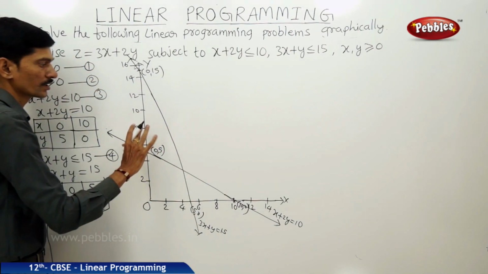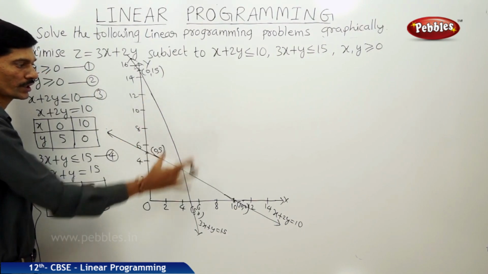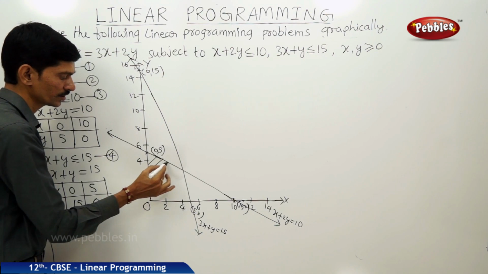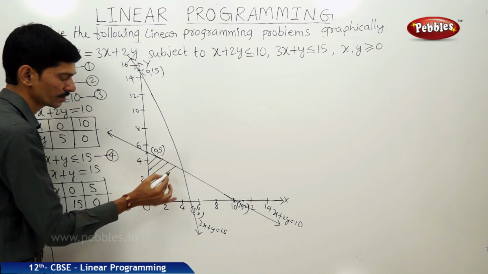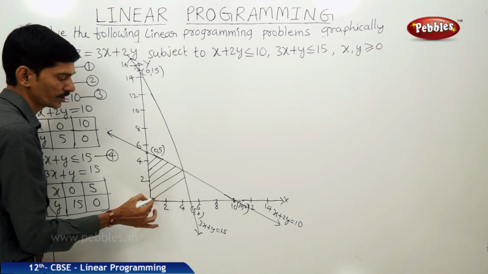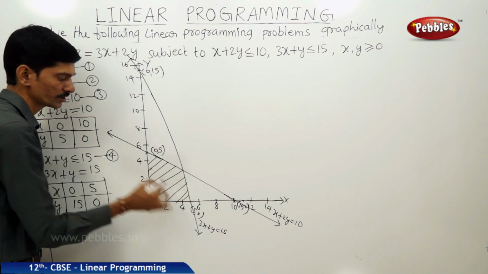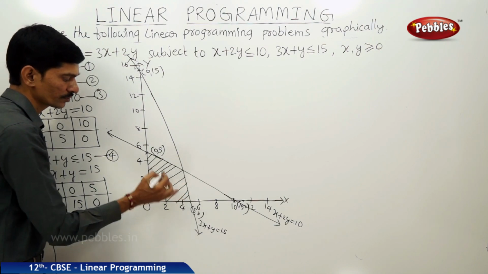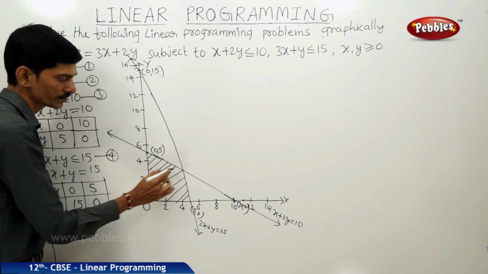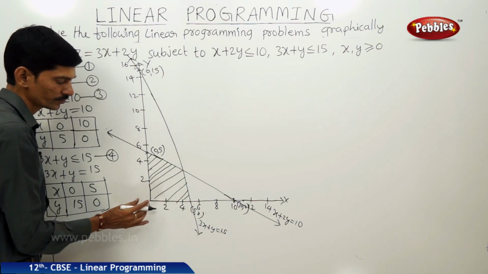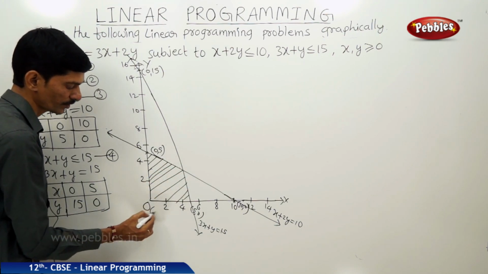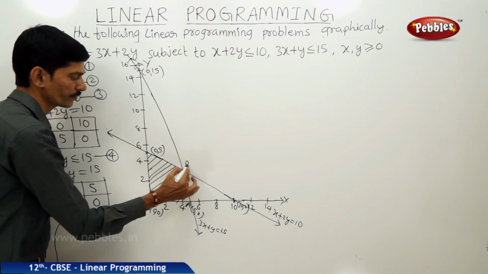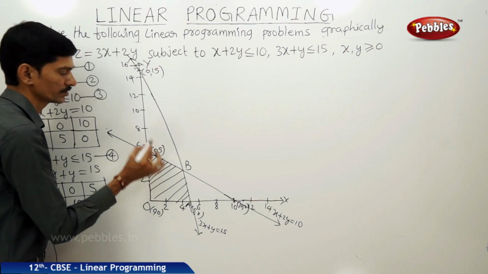Now the common region of these four inequalities will be represented by the shaded region. So this is the feasible region. So in this feasible region, every point is a feasible solution. So this feasible region is bounded and whose vertices are O 0, 0, A 5, 0, B we have to find, and C 0, 5.